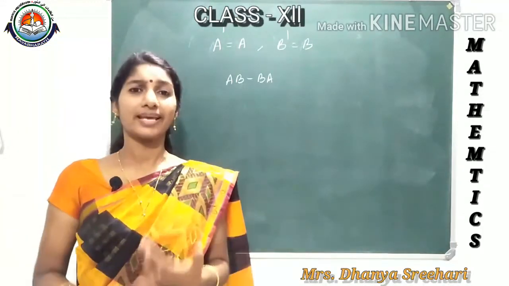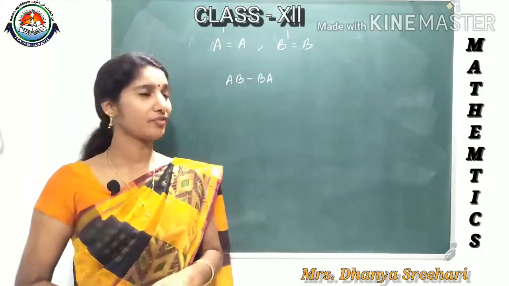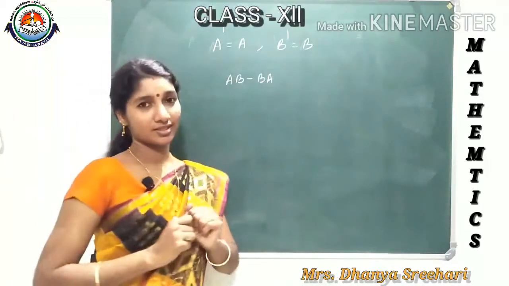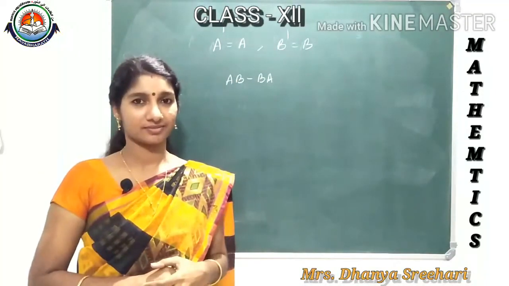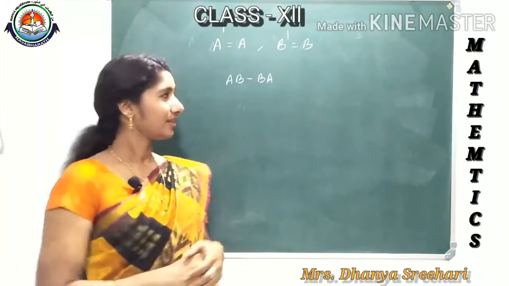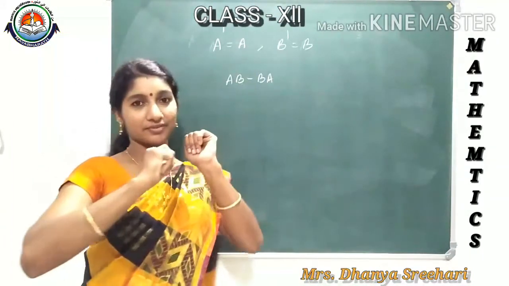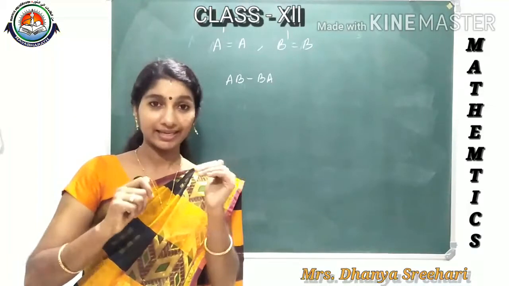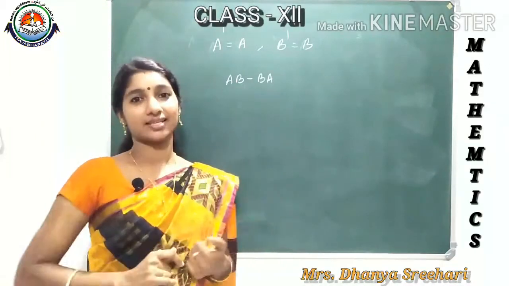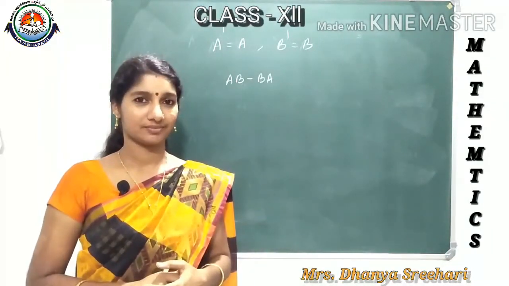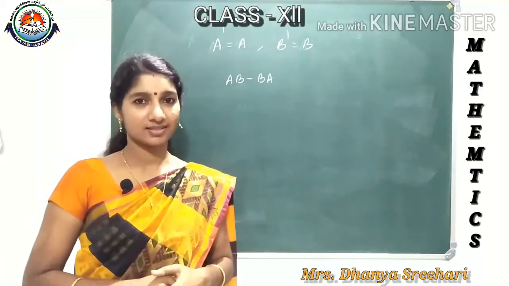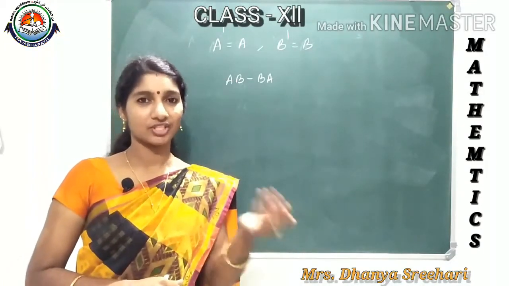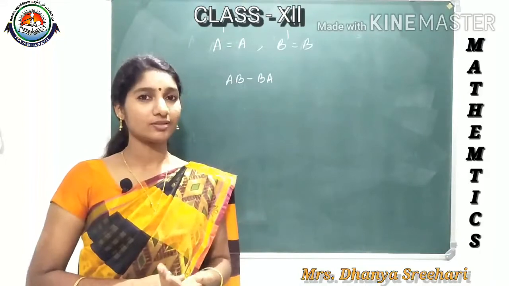What do we need to get to say it is a symmetric matrix? If you are taking this matrix's transpose, we need to get the same matrix itself. If you are taking the transpose of this matrix, if you are getting it equal to the negative of this matrix, we can say it is a skew symmetric matrix. So we can take the transpose and we can check whether it is symmetric or skew symmetric.